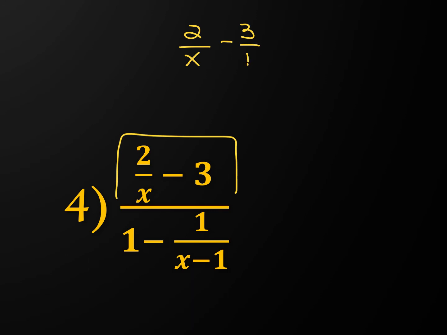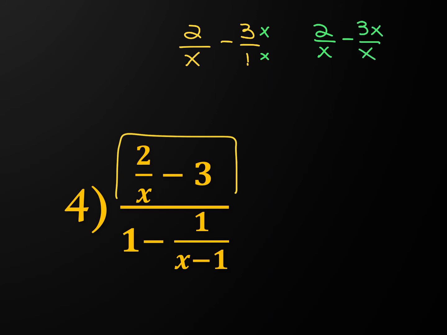I need to find the LCD, or the common denominator. My common denominator is going to be an x. Notice the first fraction already has it. The second one needs to be multiplied by x. So now I end up with 2 over x minus 3x over x.